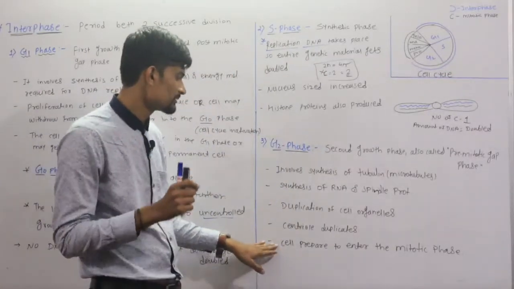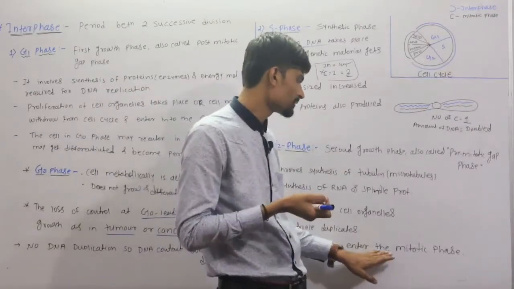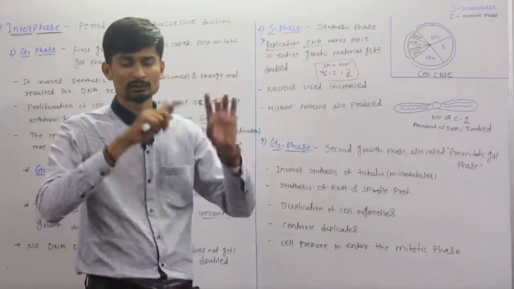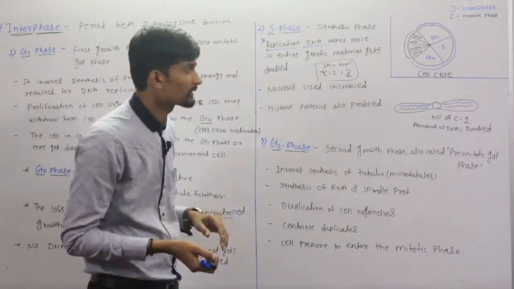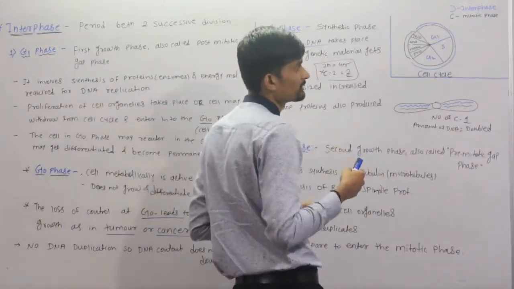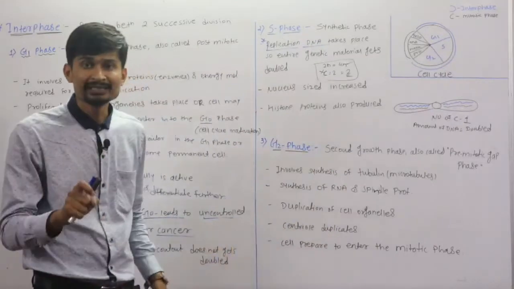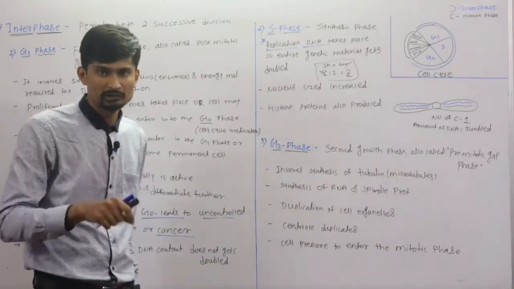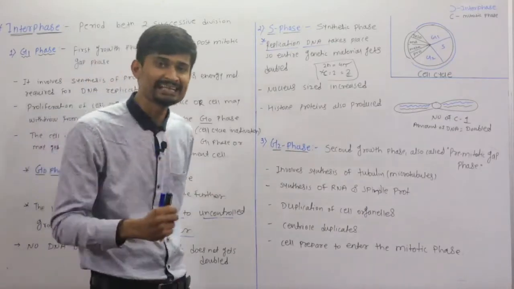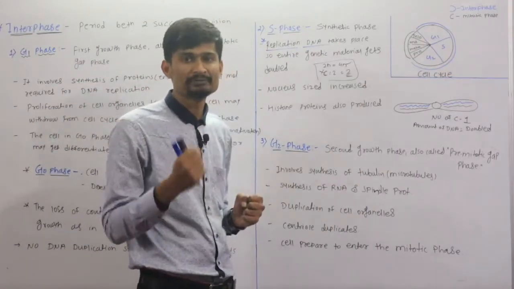So actually the cell prepares to enter the mitotic phase during this entire interphase. This entire phase is a preparatory phase, meaning the cell prepares itself to enter the mitotic phase, or it gets ready for the division.